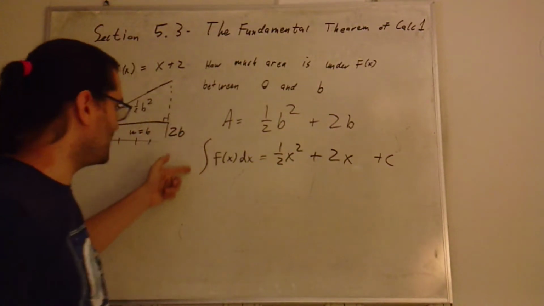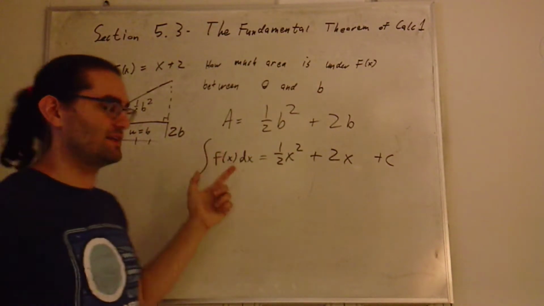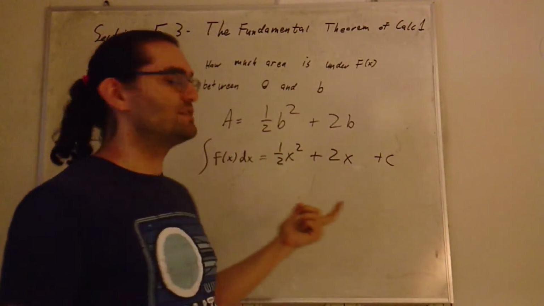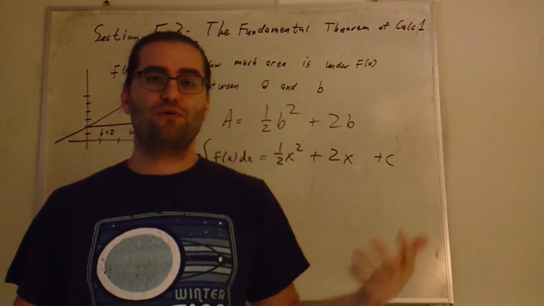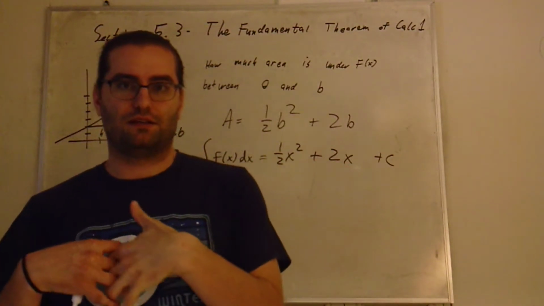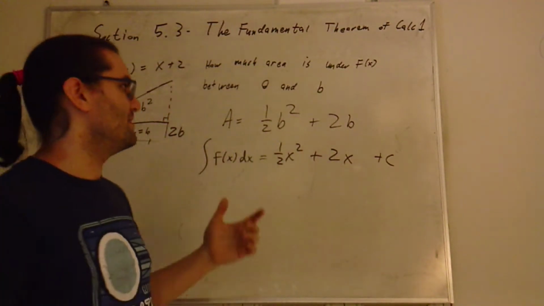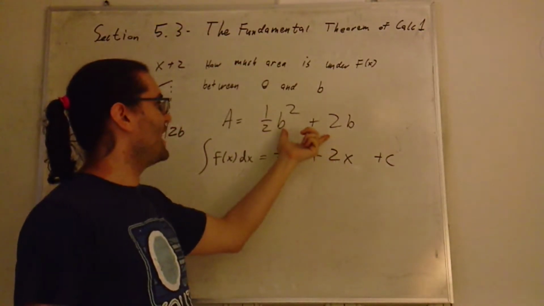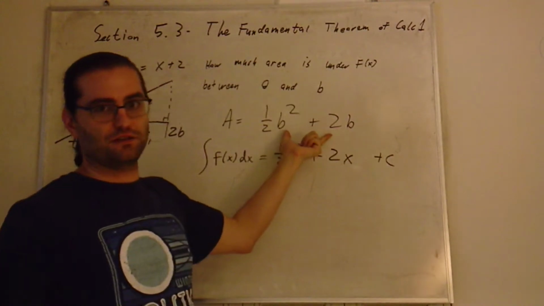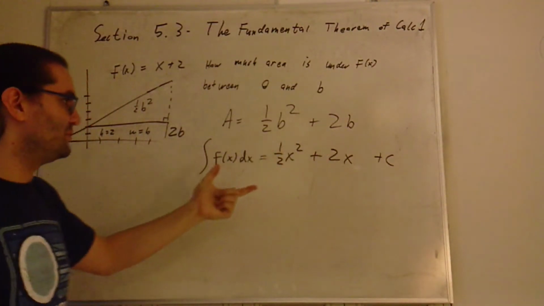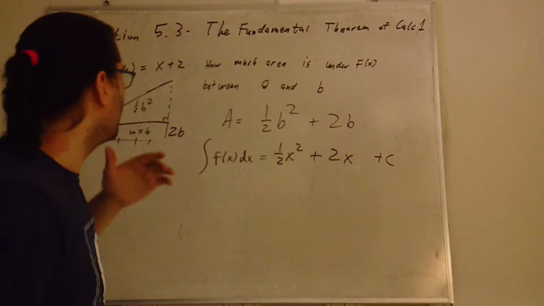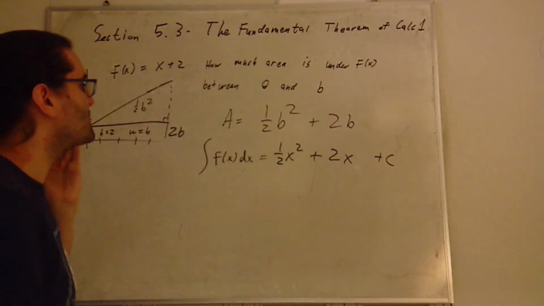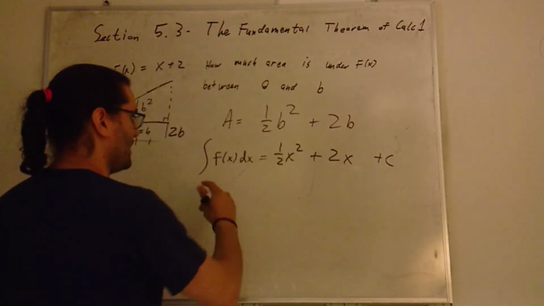They both use this big curvy s symbol and a dx in the back end. The reason they both use these same symbols is because they both mean the same thing. The antiderivative of a function will give you the area below that function between 0 and your bounds. If you want to go from a different bound that's not 0, you can go from a to b and then subtract them.